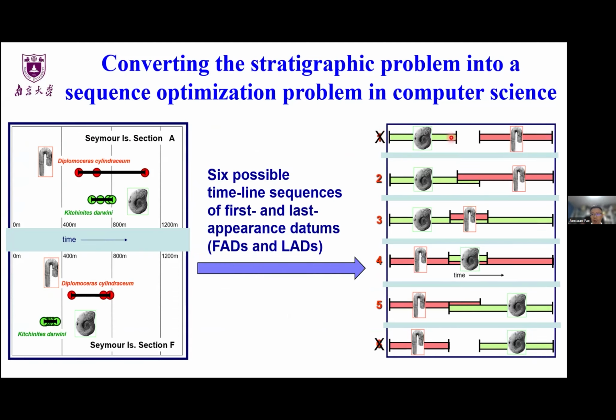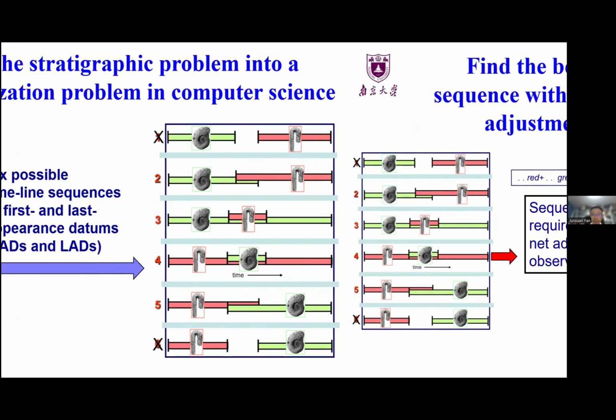For example, the green one appears before the red one, or the green one before the red one but they have overlap, or the green one's range is larger than the red one, or the red one's range is larger than the green one, or the reverse. So there are only 6 possible timeline sequences of the first appearance and last appearance of the two taxa.